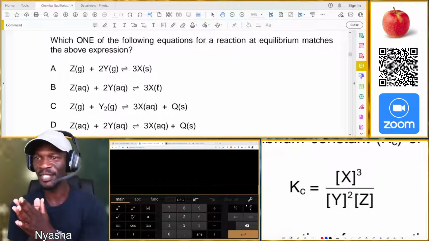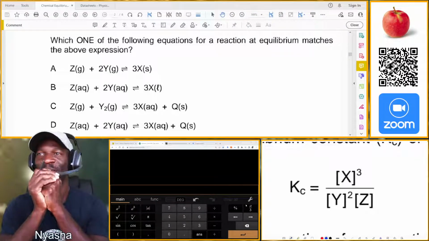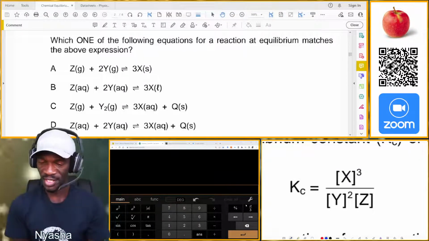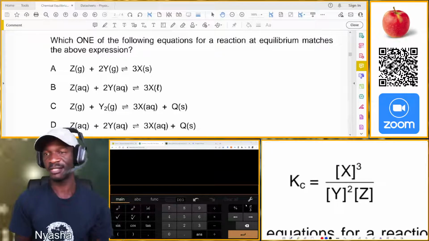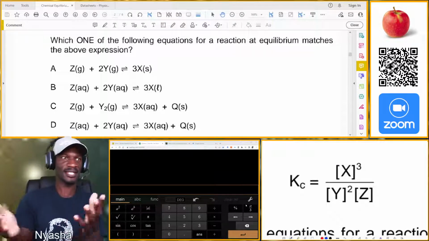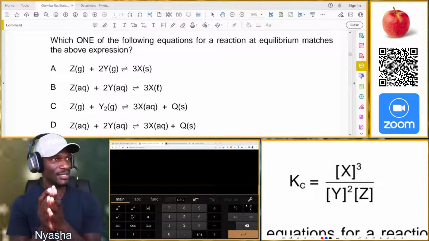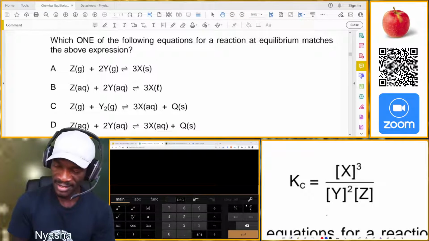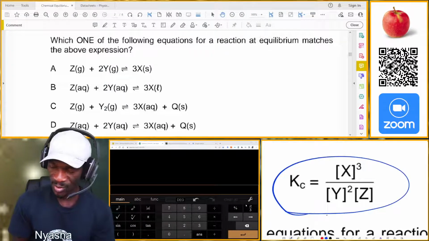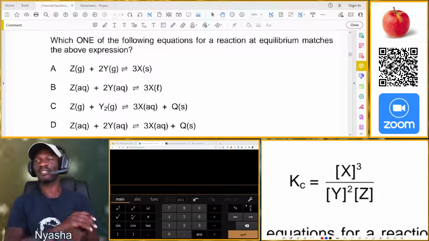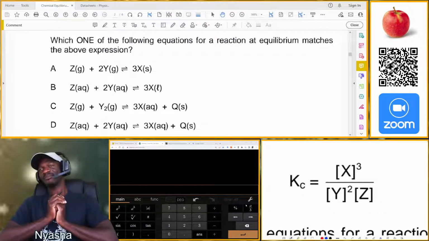Done? Have we found an equation? It's a hypothetical equation, so it represents the equation from which this equilibrium constant was found, calculated or expressed.